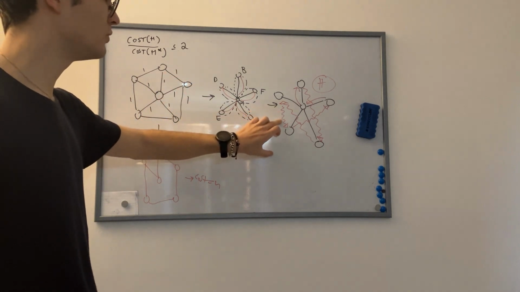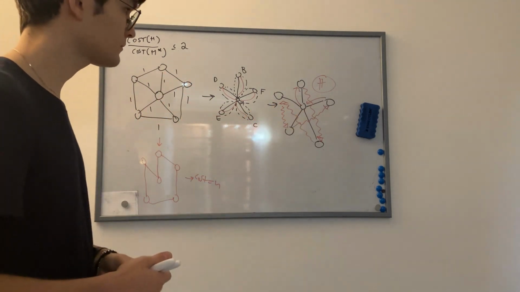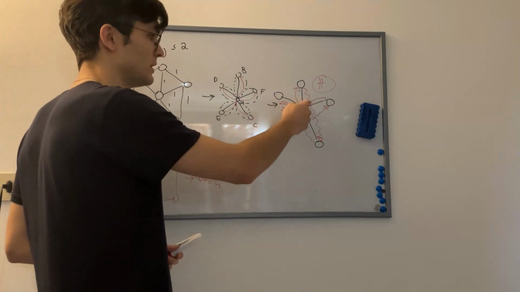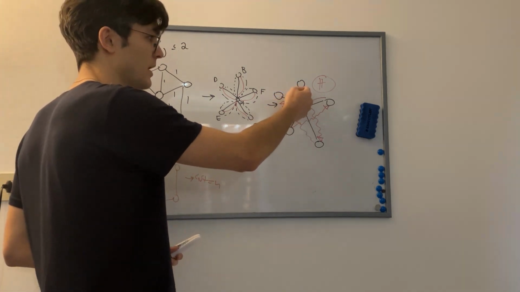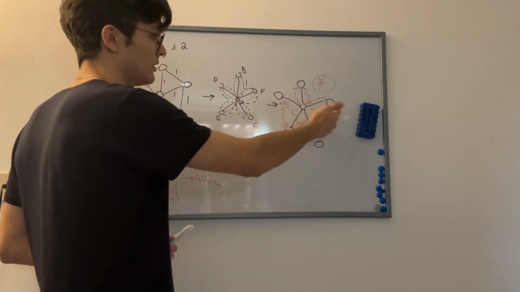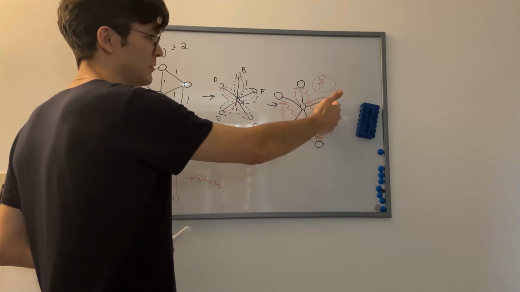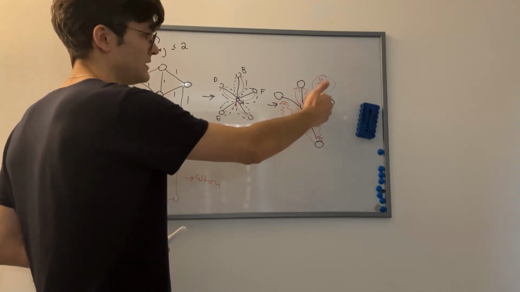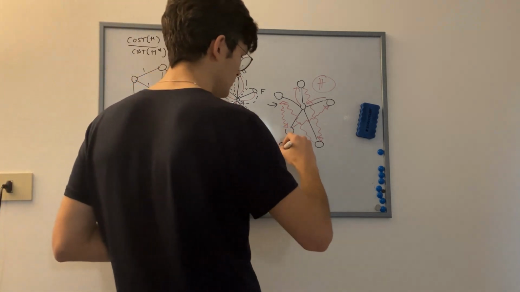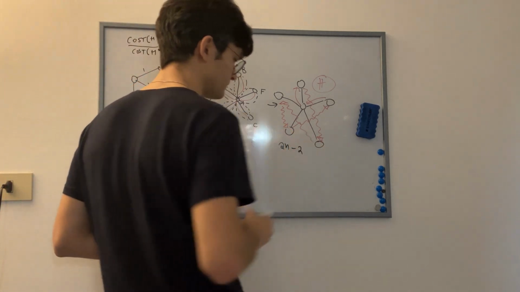So basically we paid 2 to reach every node, except for the first node that we visited, which we visited with a cost of 1, and the central node that we visited from the last one, which we also visited with a cost of 1. So in total we paid 2n minus 2.